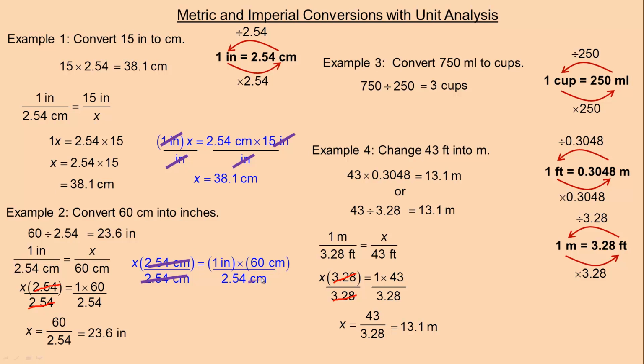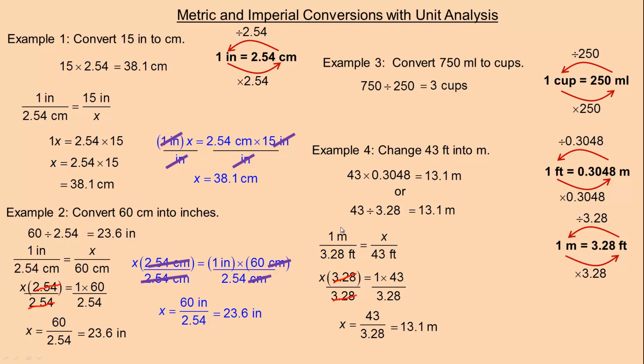Over here you see this centimeter and this centimeter would divide out. So x would equal 60 times 1 inch, which would be 60 inches, divided by 2.54. These are the same numbers we used here, so we should get 23.6. And you see, that's why the answer is in inches, because that's the only unit that's left. So 23.6 inches.